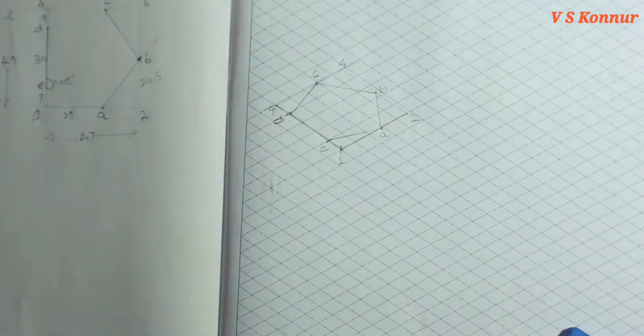So this is the pentagon at the bottom face that we have drawn now. Now to make a prism, we have to transfer the height.